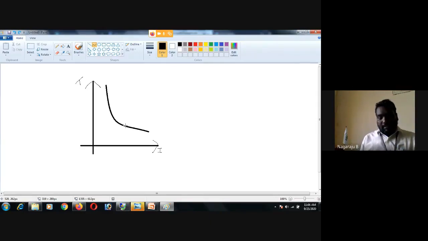The time versus current characteristics of a fuse is represented with two curves. This is one curve, and another one I am drawing here.